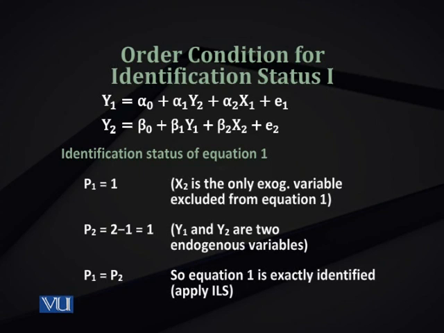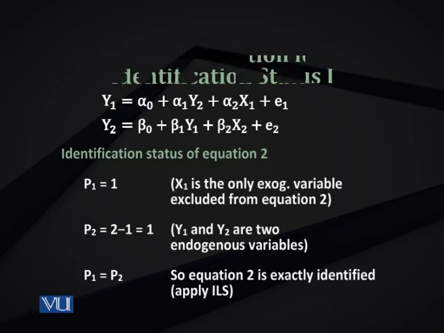As you must have noticed, this example is the same one as we had solved. The first model that we solved in the process of discussing identification status was this one, and the solution gave us the conclusion that both equations are exactly identified, as we were able to express the values of alphas and betas in terms of pi's in one way. So this order condition has verified it, and it is easy to understand the identification status of models without even solving them. So now let's look at equation 2.